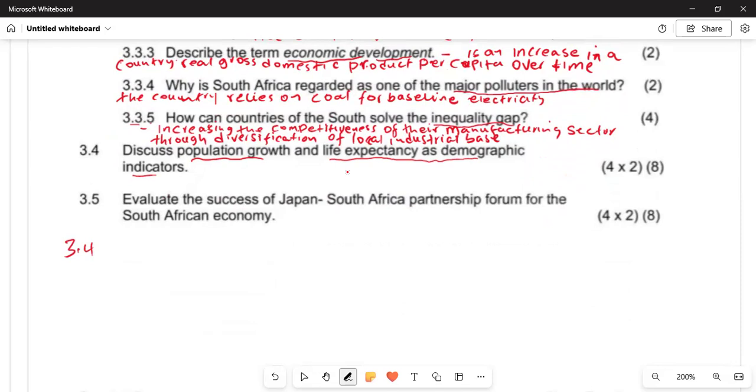Under population growth, we are going to say measuring population growth is important for delivering social services and for identifying the size of the tax base.